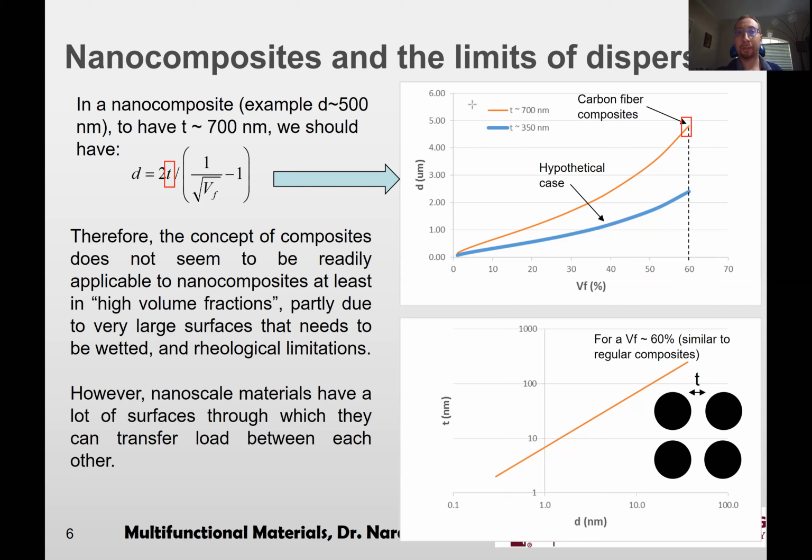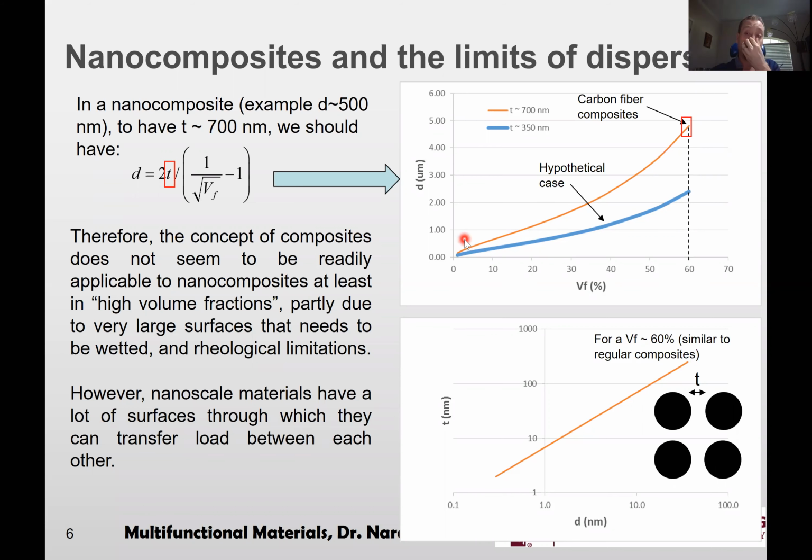But what makes it interesting is that if I go way down, and say the diameter is half a micron, then I wouldn't be able to go way above 5, 6, 7% unless I get a lot of problems with filling the gap between them. If I go even further down, I will have even more problems.